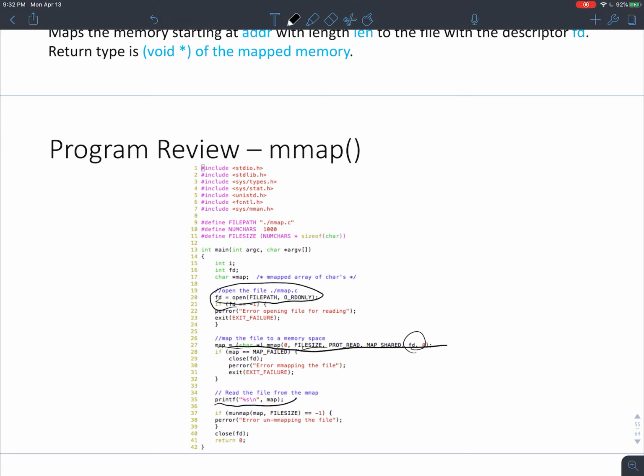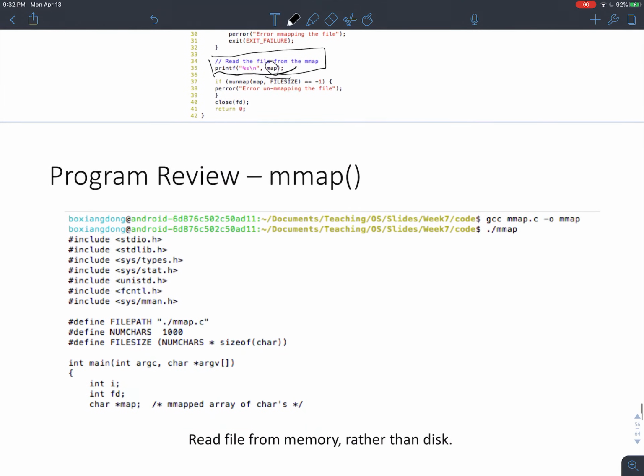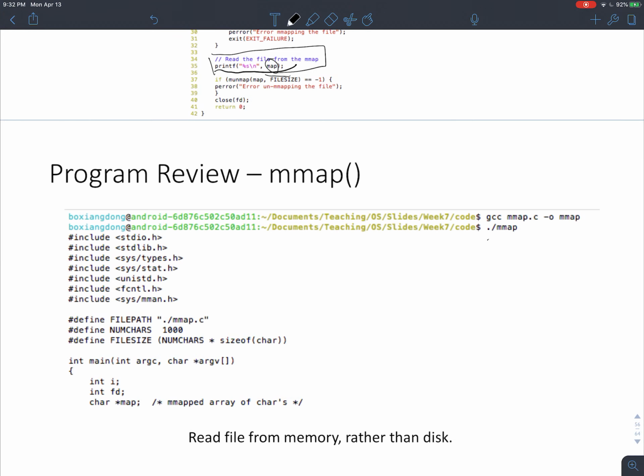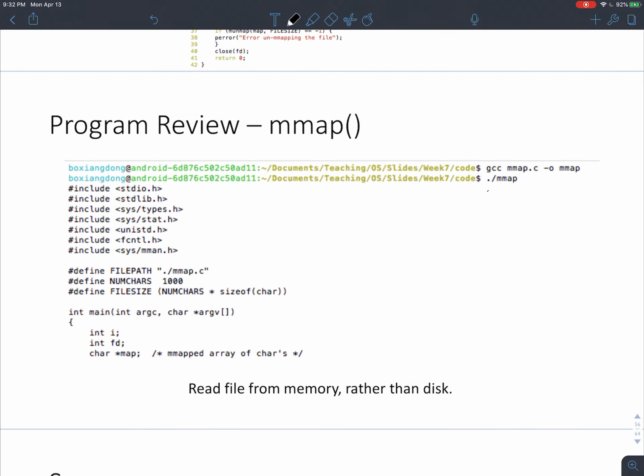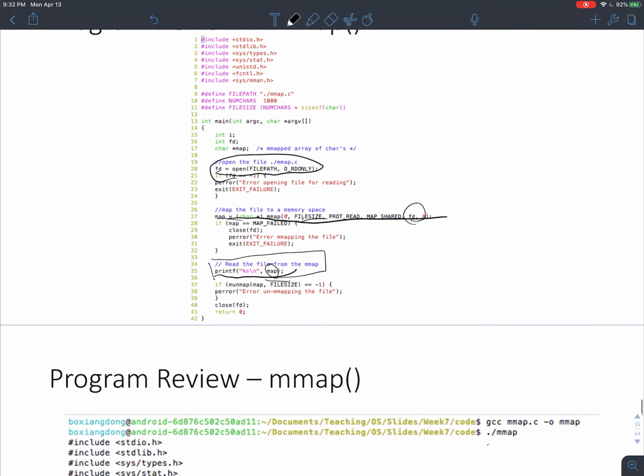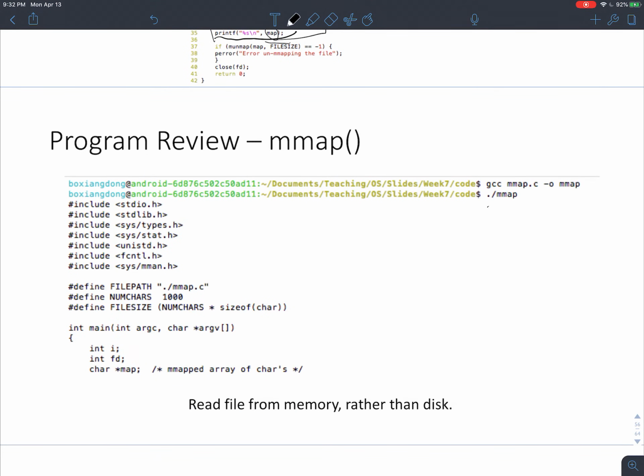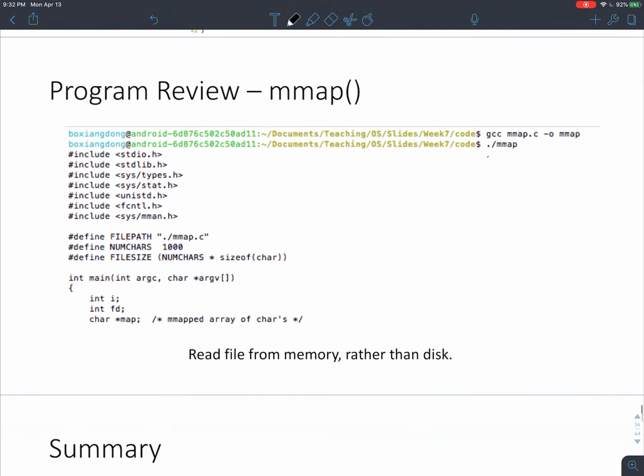And then we want to print out. So this line is relatively important. We basically read the file from the memory instead of from the file itself. So let's see what the output is. When we execute the program, we see the output over here. It prints out the whole file, but it's from the memory instead of from the file.